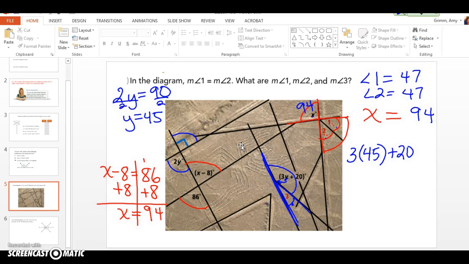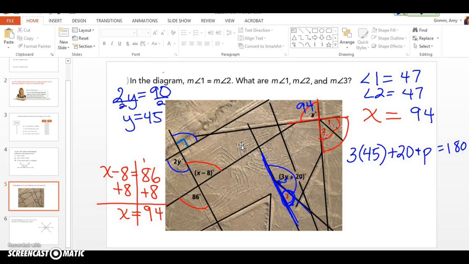I heard someone say put in an x. Okay, this is plus an unknown. Agreed? We know this. 3 times 45 plus 20 plus an unknown gives you how much? 180. Okay, does that make sense? But in math, I don't put question marks. I put a variable, right? Let's use a different variable. Let's just use P. Okay, does that make sense now?